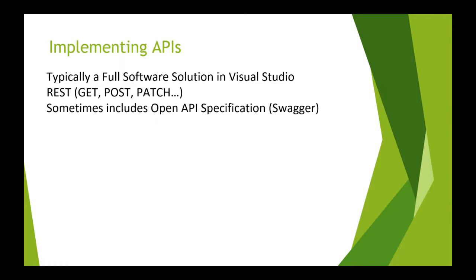There are some ways to do it in the functions. There's not really a way to do it in your LogicApps. So again, this is why next week's talk about API management is going to be essential, because you can produce that open API specification out of API management for both LogicApps and functions.